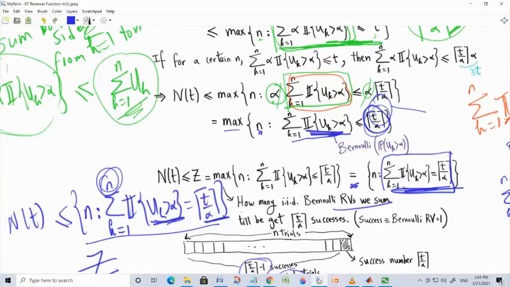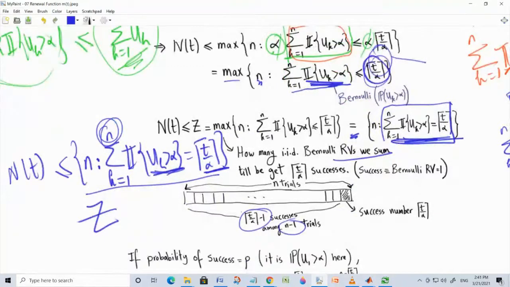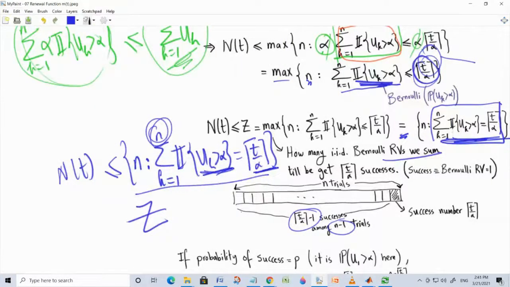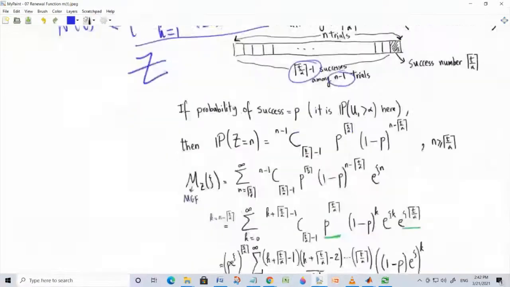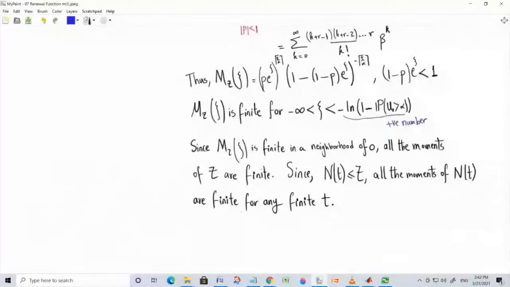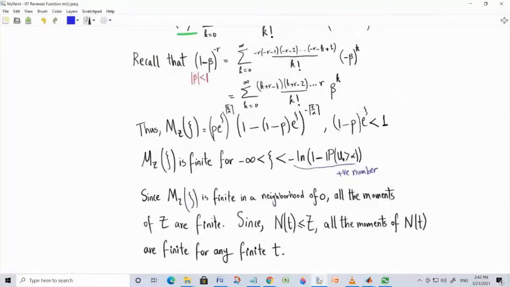And here is the good news. The so-called negative binomial has finite moments. All its moments are finite, and so N(t) has finite moments. That's basically the story. You can show it by computing the moment generating function of this Z random variable, and you can show that the moment generating function is finite on an open interval about 0.